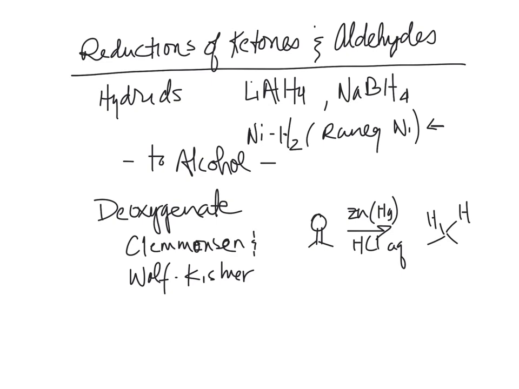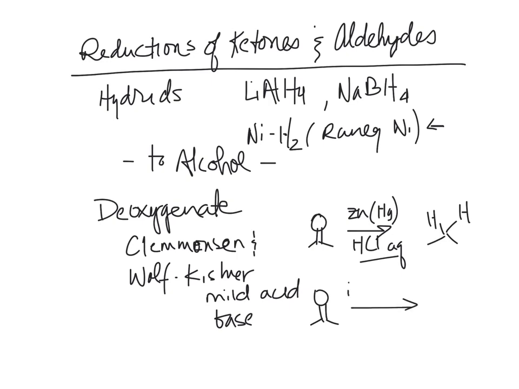The Wolff-Kishner will use a milder acid. So it's a two-step reaction where we use a milder acid and then base conditions. So if these strong acidic conditions can't work for your material, then you can go with strong base conditions.